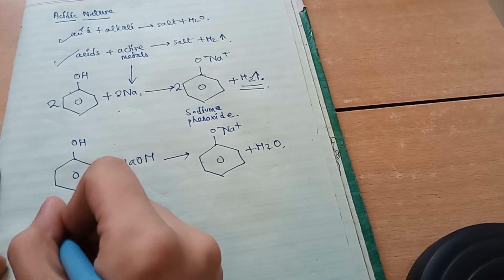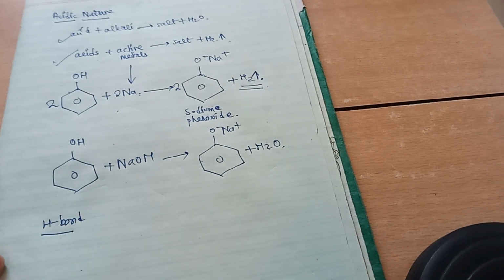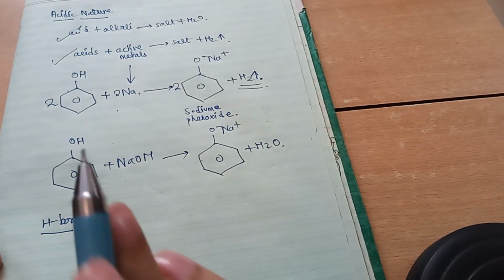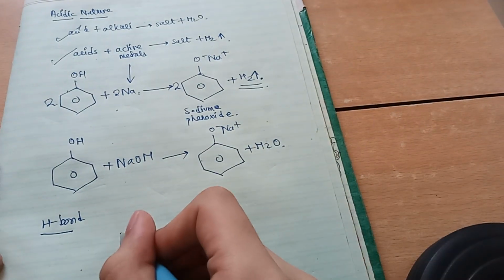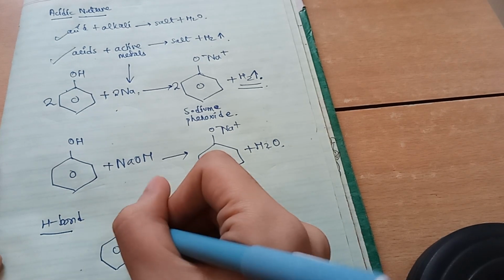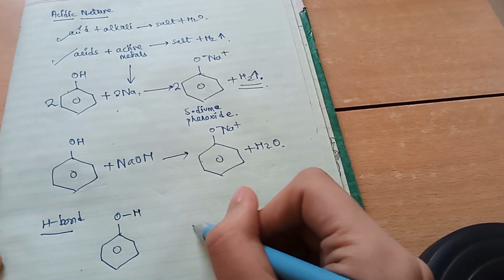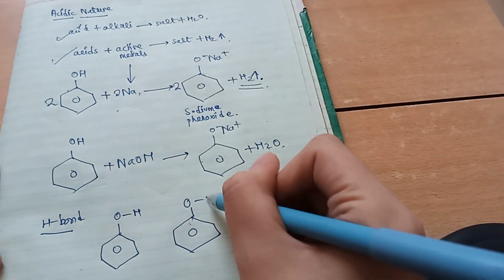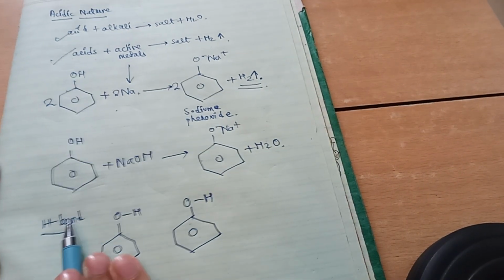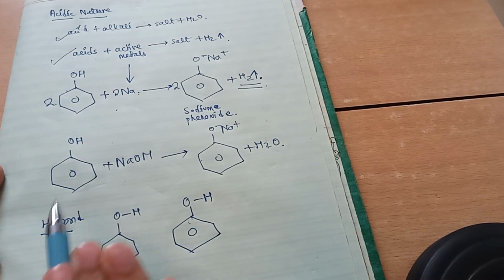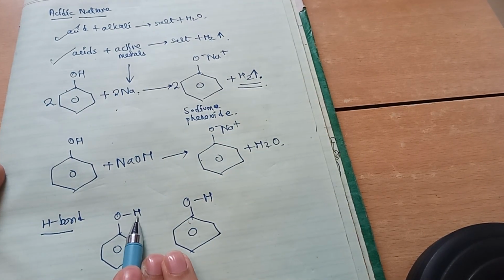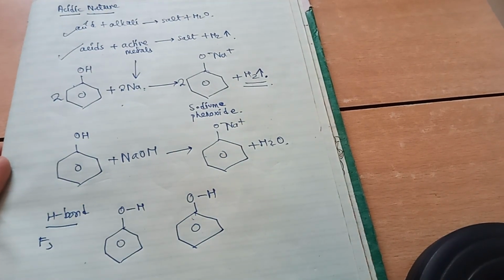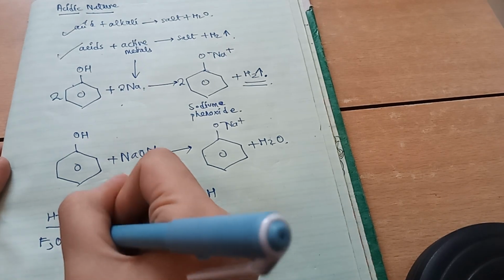Next is another important thing which I've already learned: hydrogen bonding. Phenol can form hydrogen bonding. It forms intermolecular hydrogen bonding. How is that so? Let's see. The condition for hydrogen bonding that we have already discussed is that the hydrogen must be attached to a very electronegative atom like fluorine, oxygen, and nitrogen.